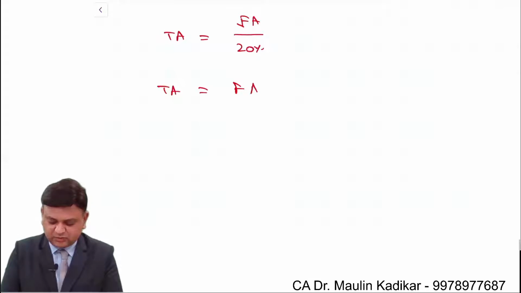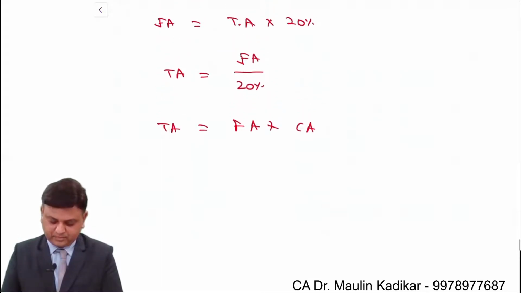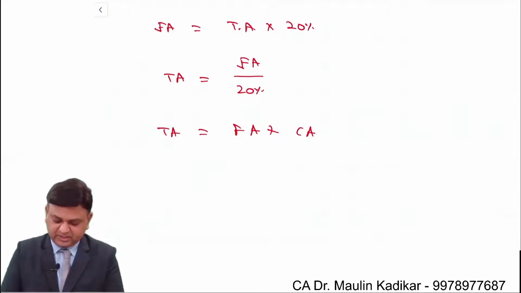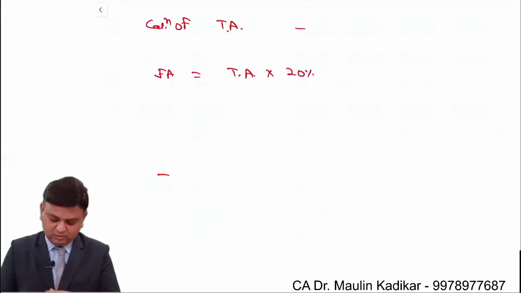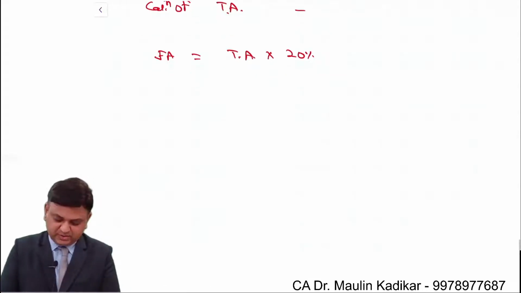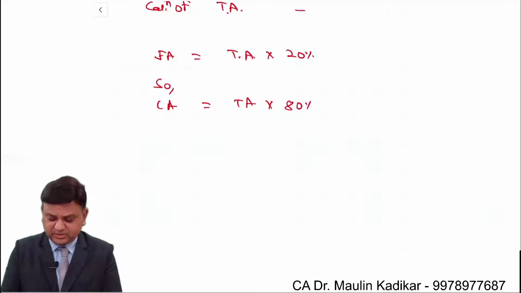Total assets is equal to fixed asset plus current assets. Current assets is equal to total assets into 80%.